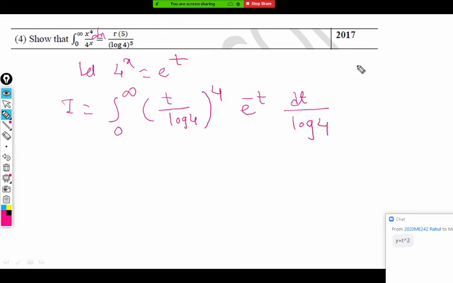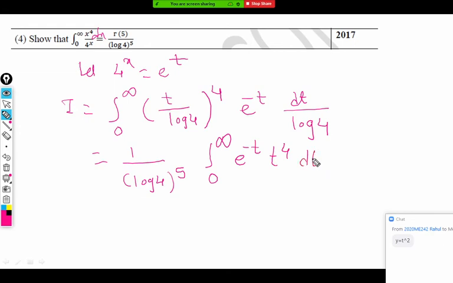Actually, you should write step by step in the exam, and then you get 1 upon log 4 raised to 5 outside, and we are left with the integral of e raised to minus t, t raised to 4 dt, and the value of this is gamma 5 upon log 4 raised to 5.